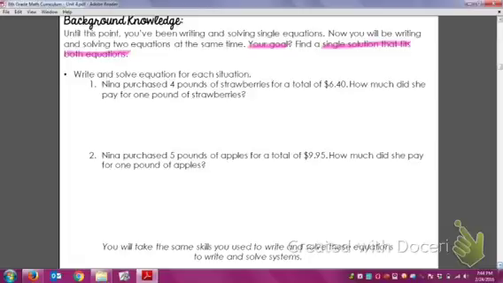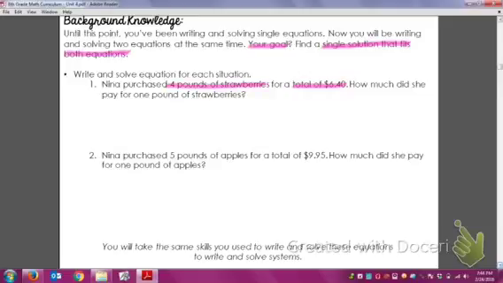Is it a 2 per amount or is it only a 1 per amount? Okay, this one, hopefully you're saying that it is a 1 per amount because on this one it gives us the total, that's the first thing, and then it gives us 4 pounds of strawberries. Okay, so how can we write an equation from that?